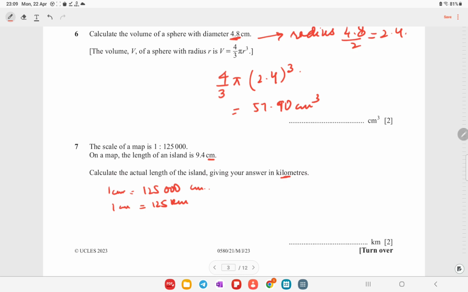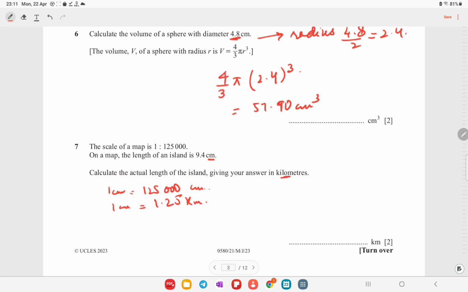You need to convert this, because you have to convert into meters as well. So this is going to be 1.25. Let me fix this, because first you have to convert into meters and then you have to convert into kilometers.